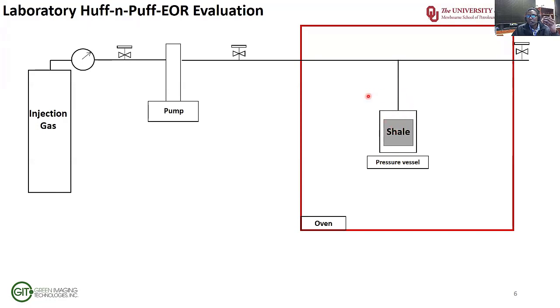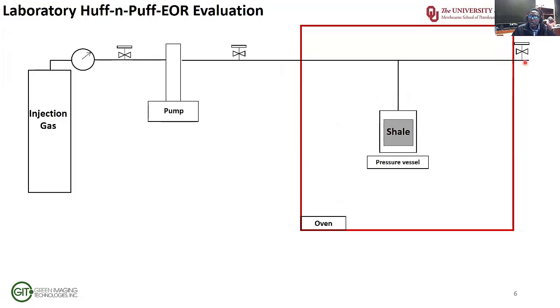This entire system of shale inside the pressure vessel will generally be maintained at an elevated temperature within an oven. And once the shale has been pressurized, then all the valves leading to the shale will be closed for some time. That will be the soaking time. And the soaking time will generally be pre-specified according to the need of the experiment.